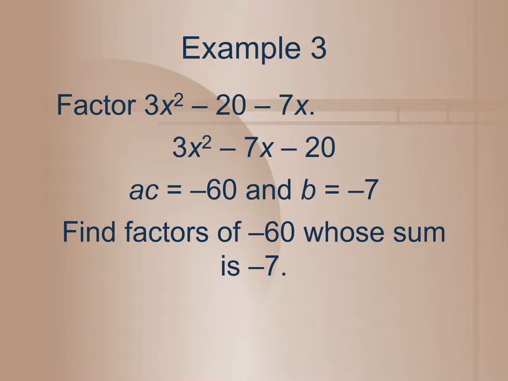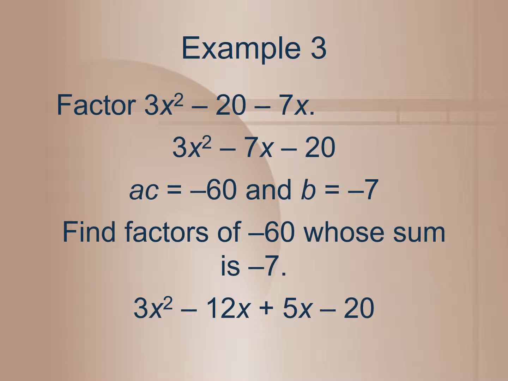If we make the 12 negative and the 5 positive, then negative 12 plus 5 ends up being negative 7. So those are our 2 factors, negative 12 and positive 5. We rewrite that middle term, so negative 7x becomes negative 12x plus 5x.